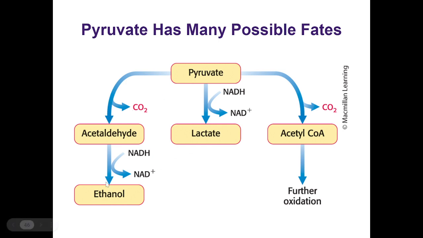But anybody know what the bad part about this is? What are acetaldehyde and ethanol? They're products, but they're also poisons. Do you know what happens if you let the yeast in beer just keep producing ethanol as much as it wants to?